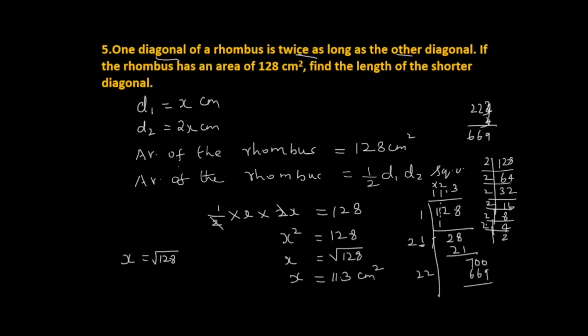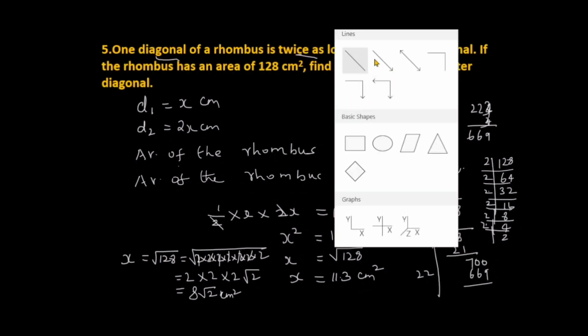So it can be written as 2 into 2 into 2 into 2 into 2 into 2 into 2. For these two, one 2 outside, for the next 2, another 2 outside, for the next 2, another 2 outside, and the last 2 does not have a pair. So 2 2s are 4, 4 2s are 8, 8 root 2 centimeter. So this is also the correct answer.